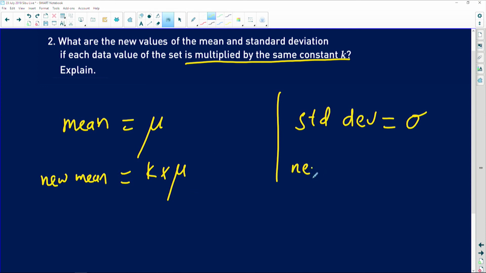But the new standard deviation, let's see what will happen with the new standard deviation. The new standard deviation will also be k times the old standard deviation, because you are basically increasing the spread between the mean and the numbers. When you multiply a number by a particular factor, it creates more space or more spread between those two numbers. So the answer here will be simple.